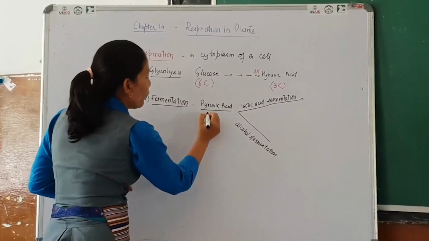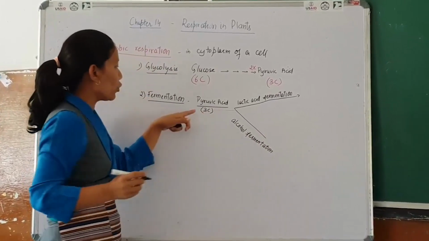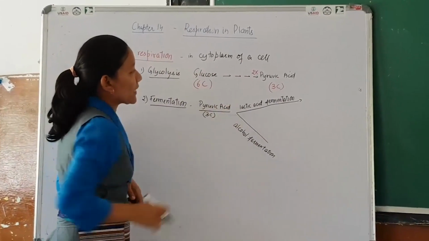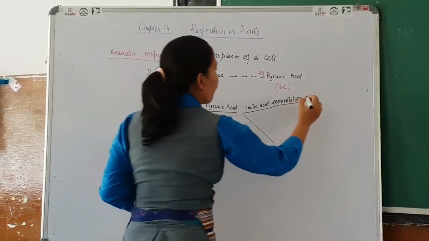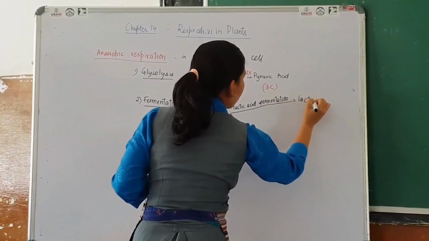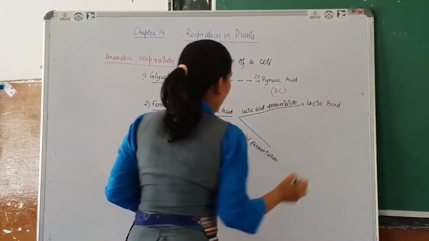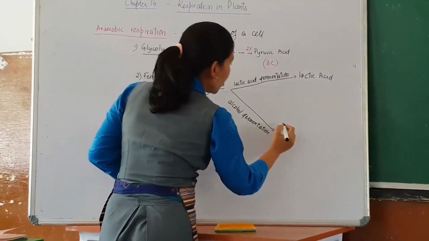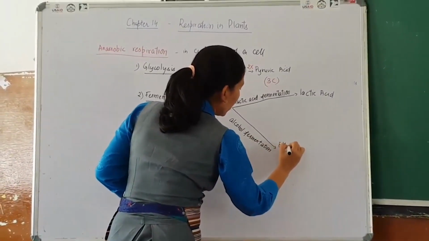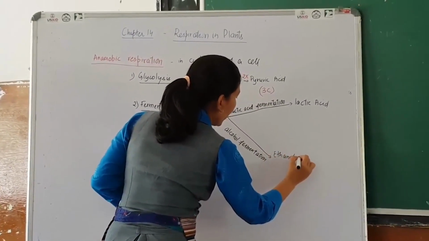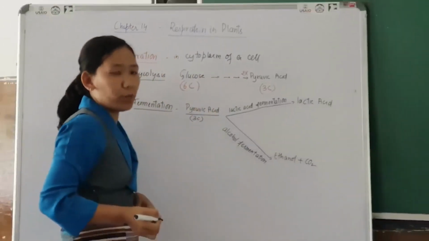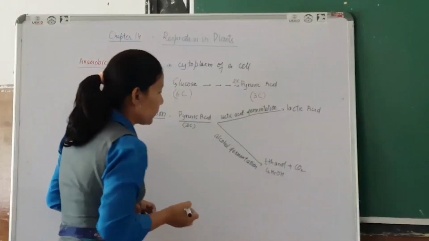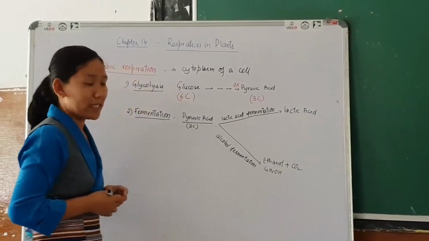This pyruvic acid is a 3 carbon compound. Here I have shown only 1, but there are 2 from 1 glucose. If it undergoes lactic acid fermentation, it leads to production of lactic acid. And if it undergoes alcoholic fermentation, it leads to production of ethanol, C2H5OH, and a molecule of carbon dioxide.